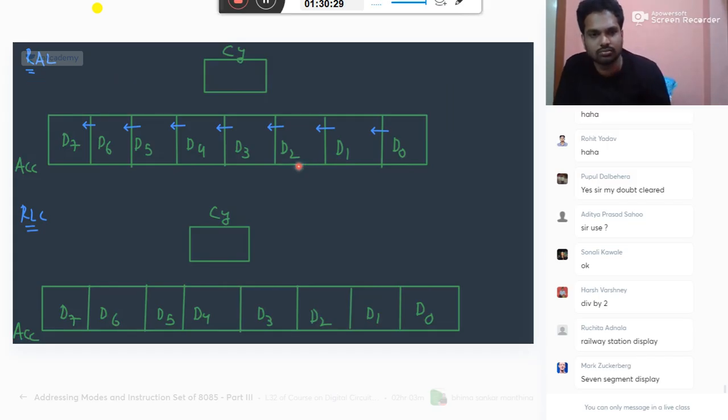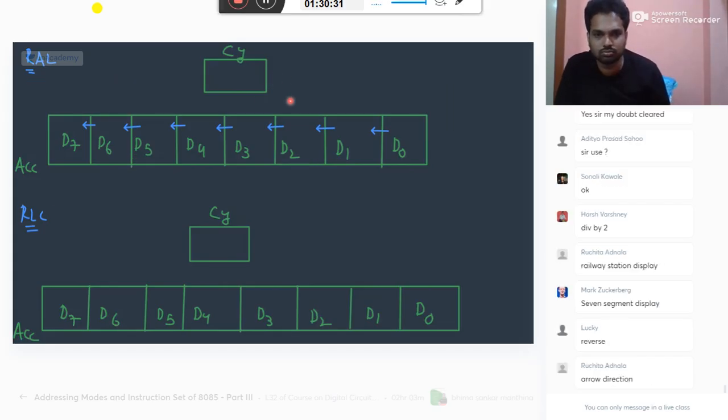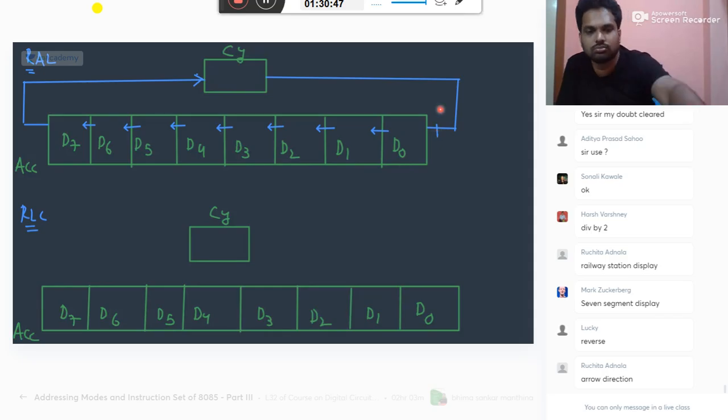So here also it will do the same thing. Left and right, through carry and without carry. Same story, 9-bit rotation, 8-bit rotation. How to do this easily?